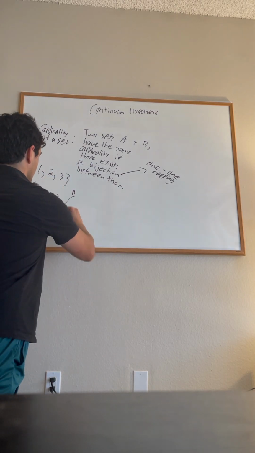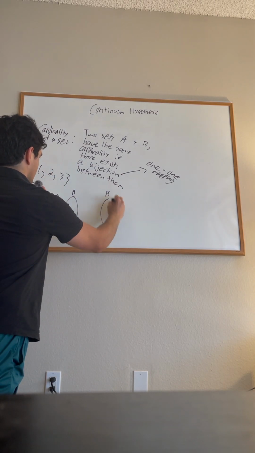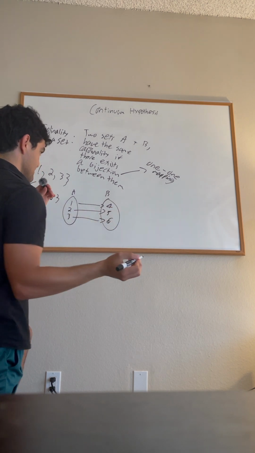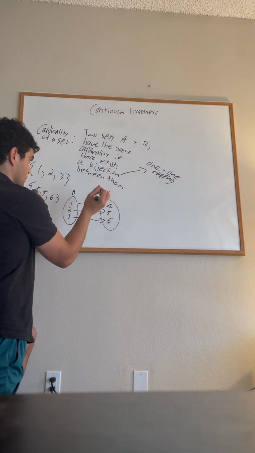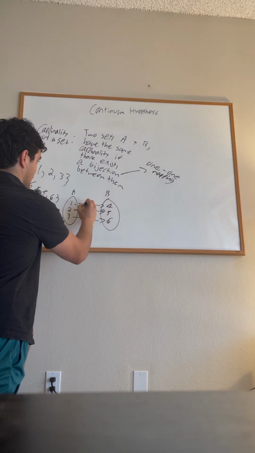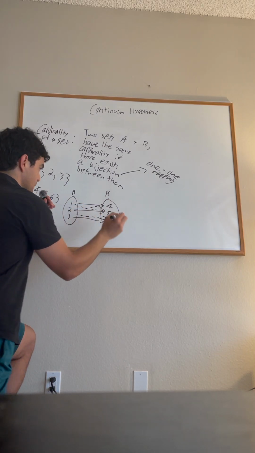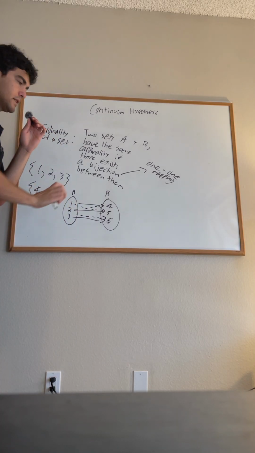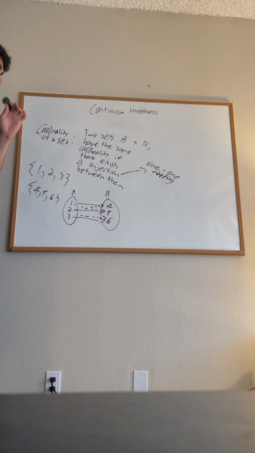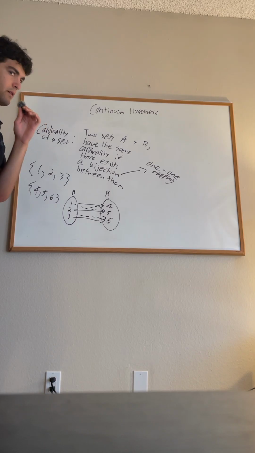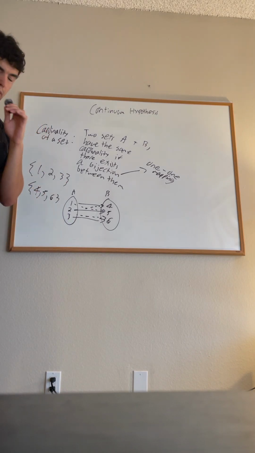If we call this A and this B, we can map everything in set A to set B, like this, or we could have done it like that, because it's a different bijection. There can be different bijections, but if we can find one between any two sets, then they have the same cardinality. So we say that A and B here have cardinality 3. Okay.